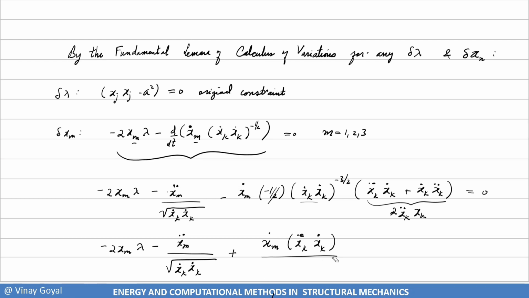Actually it's better to write it this way. And no negative there. And so that's what we get. It looks like a complicated equation, but it is actually quite easy to solve.